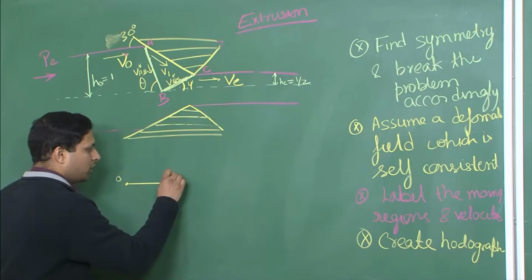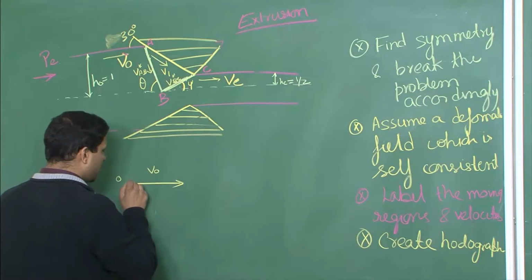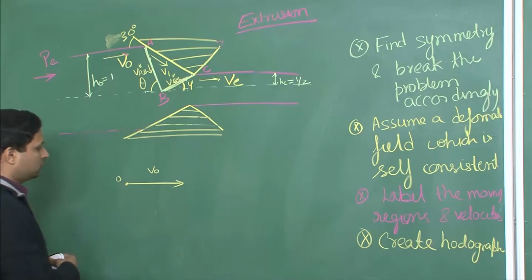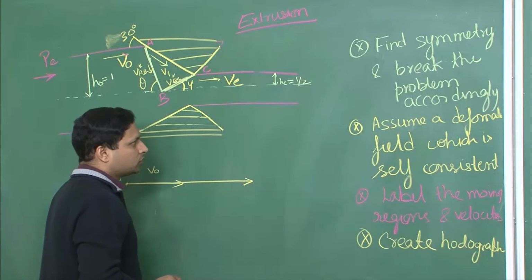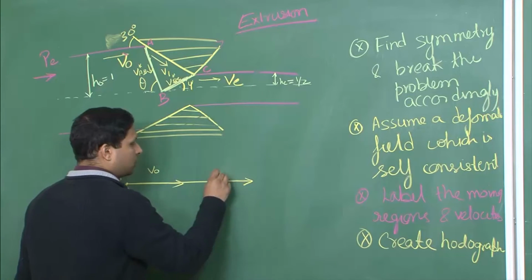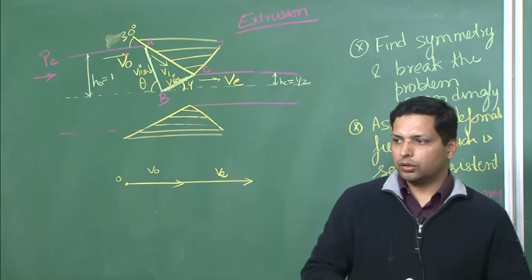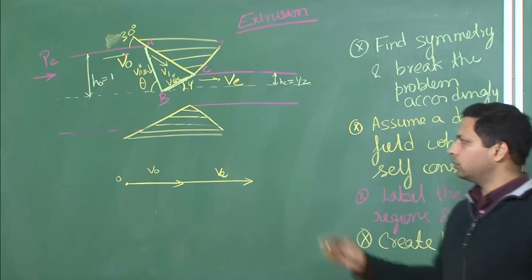So, let us say this magnitude is known to you, but we do not know the magnitude of, for example, VE, but we know that it must be larger than V naught. So, this is V naught, this is VE.